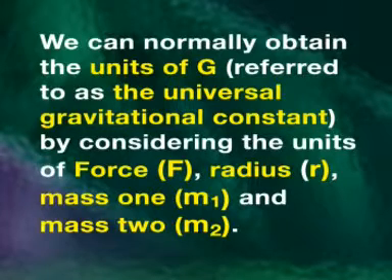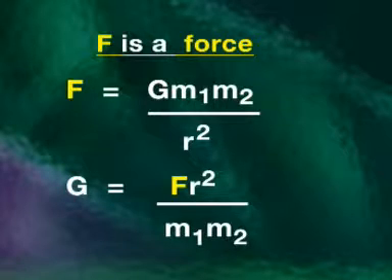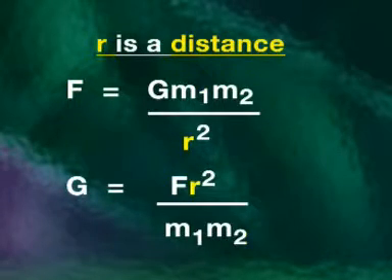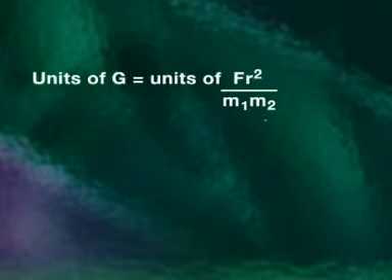We can normally obtain the unit of G, referred to as the universal gravitational constant, by considering the units of force, radius, mass 1, and mass 2. F is a force, R is a distance, and M1 and M2 are masses. Units of G equals units of F R squared divided by M1 M2.